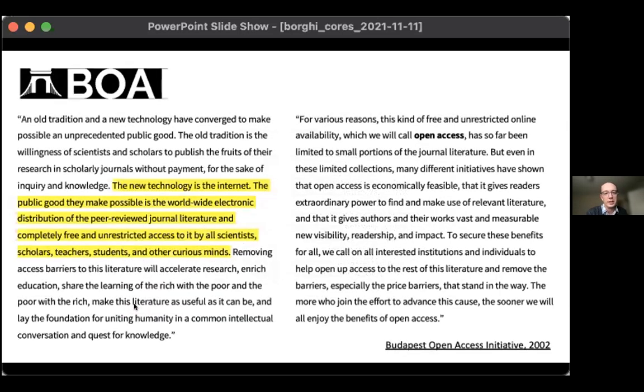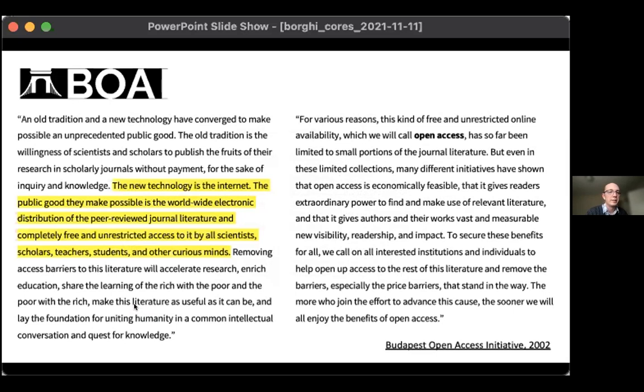This is the Budapest Open Access Initiative statement in 2002 that catalyzed a lot of the conversation about open access, and coined open access as we understand it now.